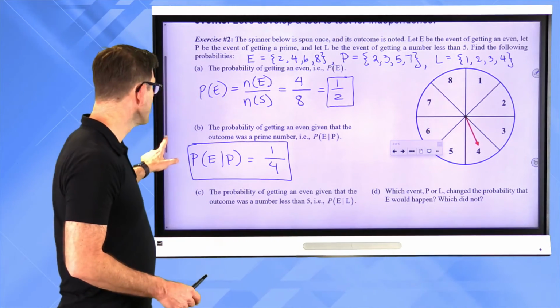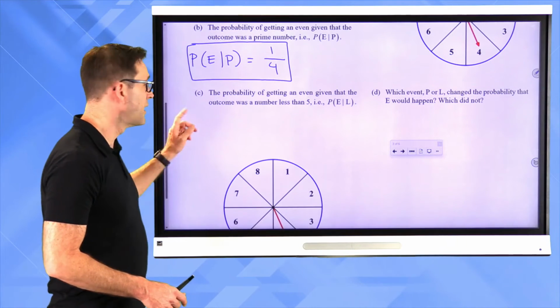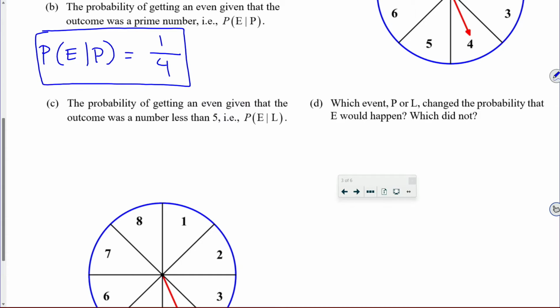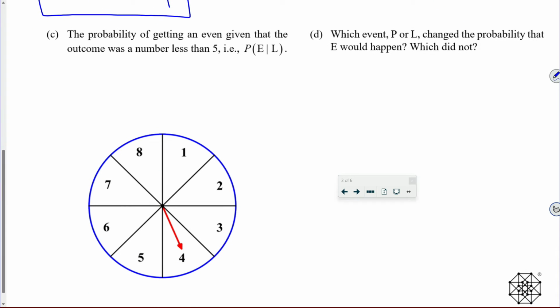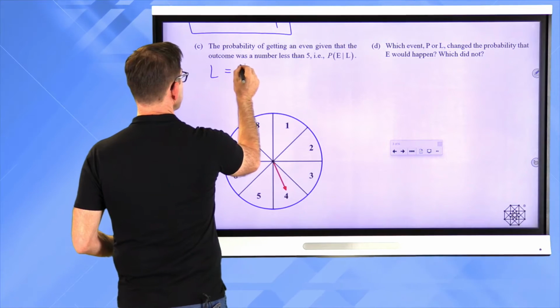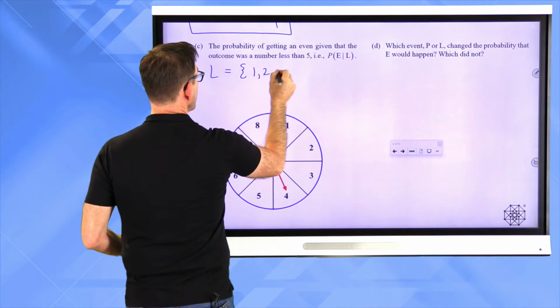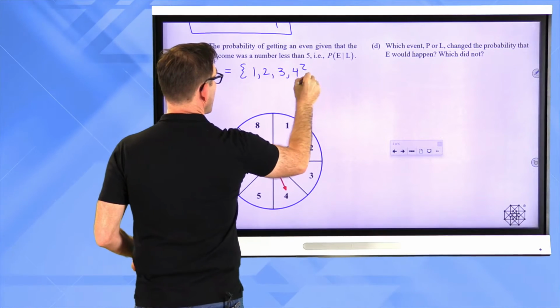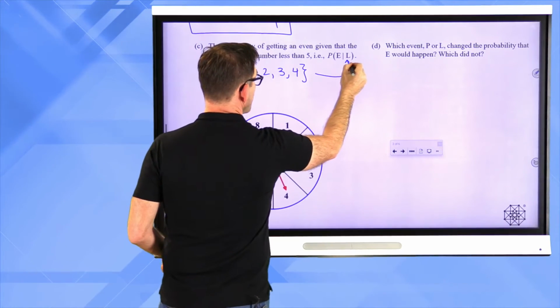All right, so now let's take a look at letter C. The probability of getting an even given that the outcome was a number less than 5. Again, keep in mind right now our sample space is 1, 2, 3, and 4. That is now our sample space.